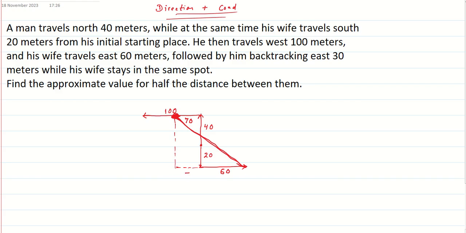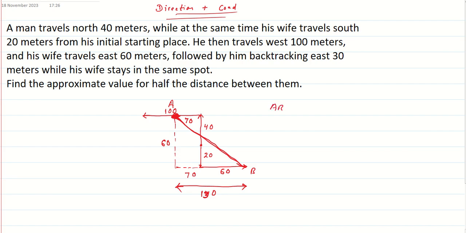So this is 30, 70 remaining. So altogether how much will we get here to here? 140. Superb. And what about here? 60. Sorry, 130. 130, and what about here? 60. Correct, no?